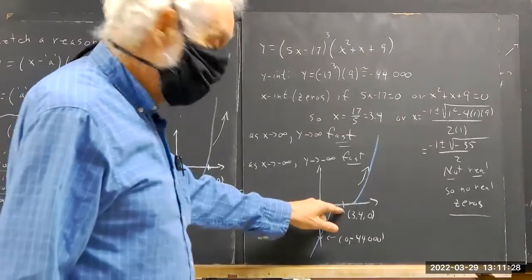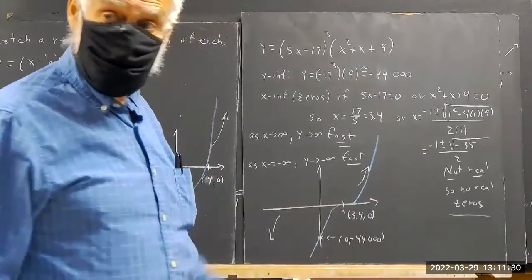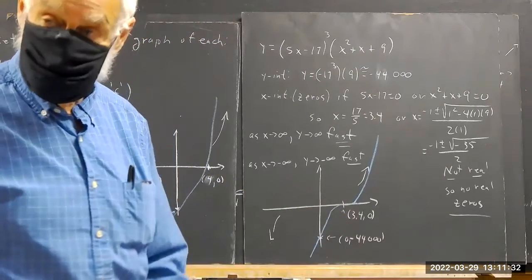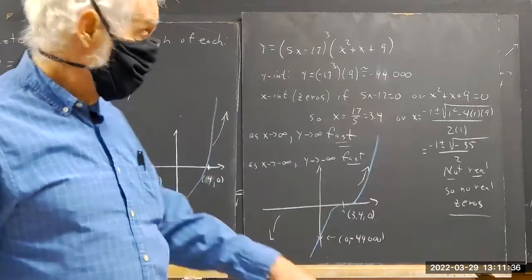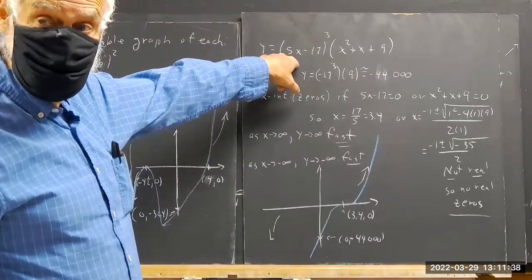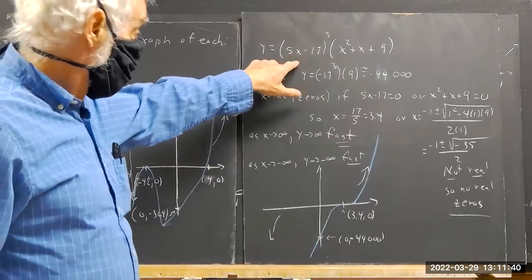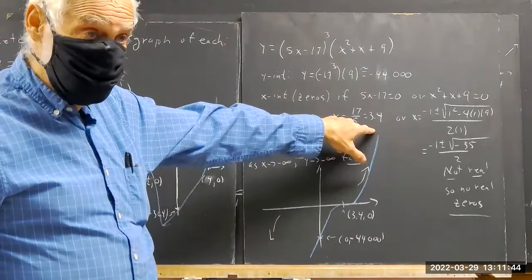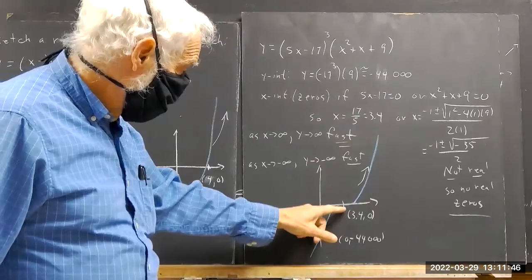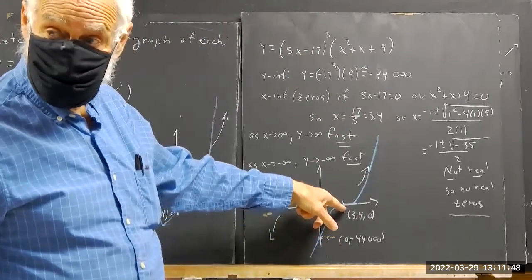So it looks just like an x cubed graph shifted over. Doesn't look just like it, but it has the same general appearance as an x cubed graph. Of course, this is cubed. Near the zero that you get, near x equals 3.4, this thing acts just like the x cubed graph does at the origin.